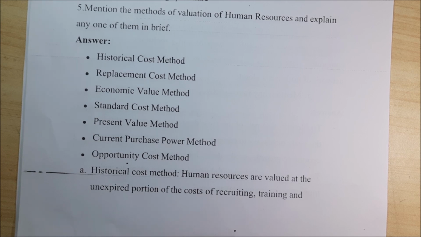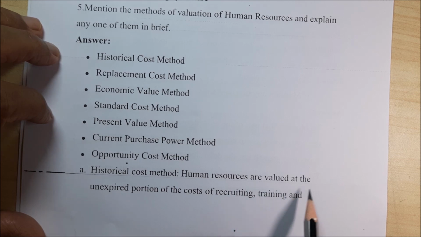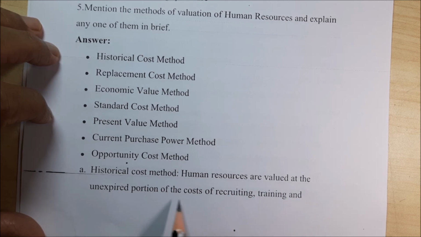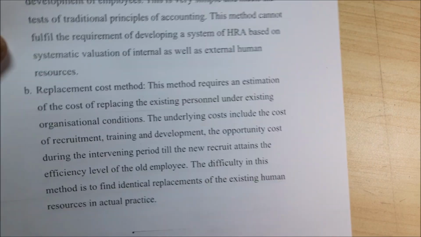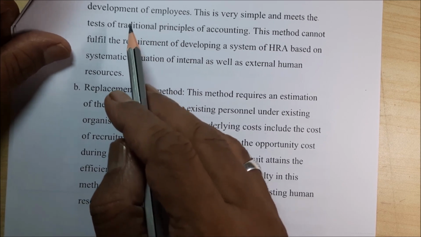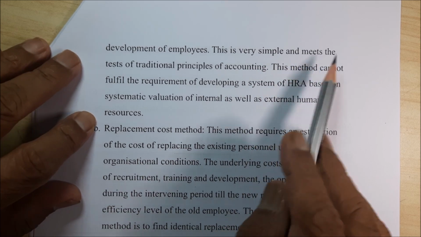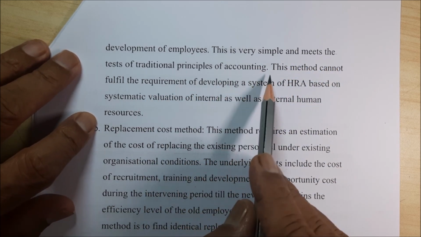Human resource plays a vital role as of today. So, historical cost method: human resources are valued at the unexpired portion of the cost of recruiting, training, and development of employees.